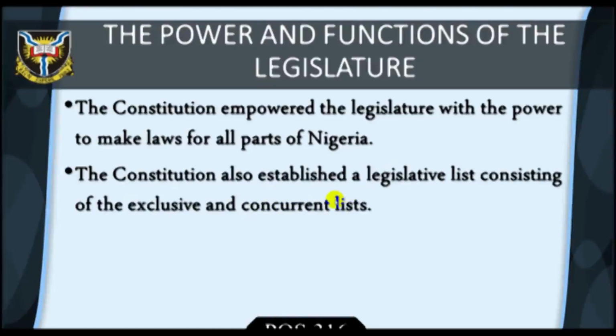It also shared responsibility for legislation on items in the concurrent list. Where there was a conflict between an act of the federal parliament and a law by a regional government on any of the items in the concurrent list, the Constitution stipulated that the law of the federal parliament should supersede that of the region, either completely or to the extent of the incompatibility of the regional legislation.